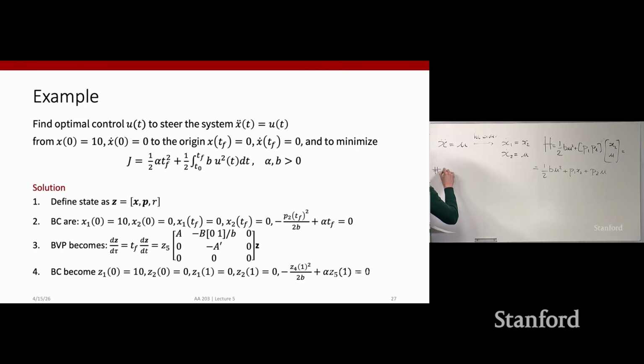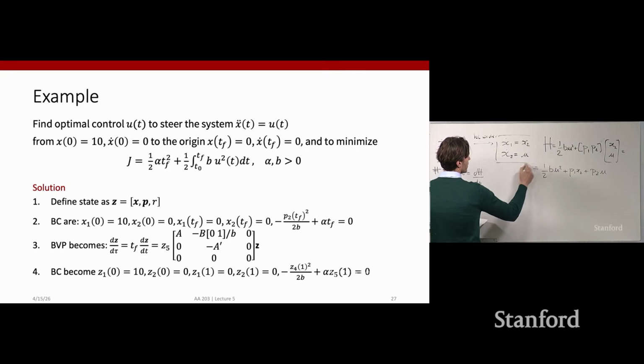So the first optimality condition essentially represents the dynamics, where we know that x dot is equal to the partial derivative of the Hamiltonian with respect to the co-states P. And this is exactly our dynamics over here.